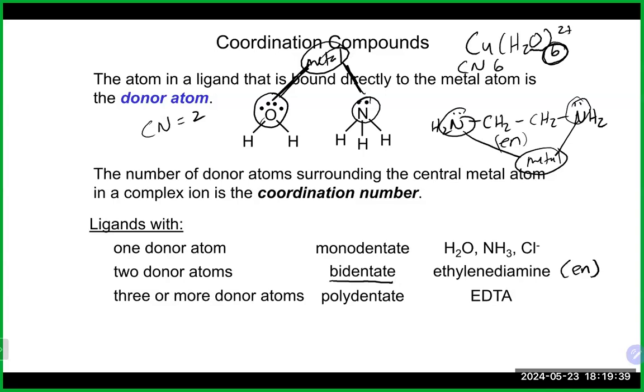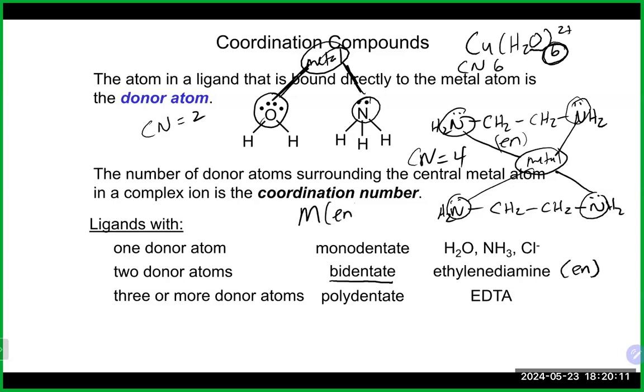You basically get a 2-for-1 deal for every molecule that attaches in 2 locations, which means if I had another molecule of that, it would also attach through the nitrogen and through the nitrogen. And my coordination number for this would actually be 4. And in a formula, it may just be metal en2.